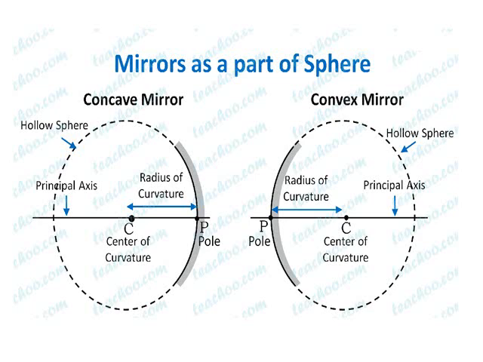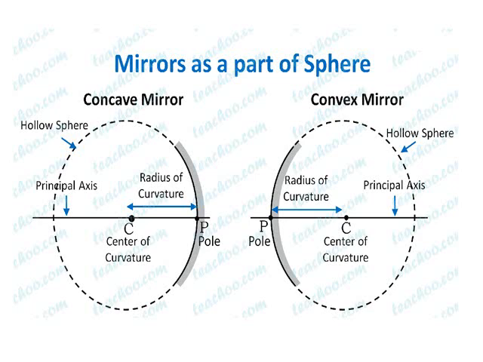Similarly, convex mirror can also have its imaginary sphere with the dotted line. Here too, the difference is the reflecting part is outside here and the non-reflecting part is inside here.